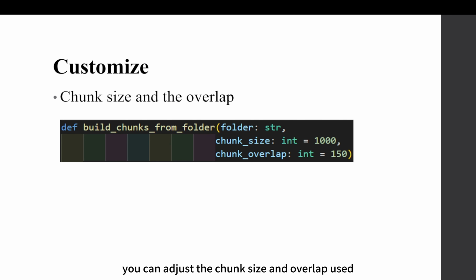You can adjust the chunk size and overlap used when we split documents. Bigger chunks carry more context per hit, but can blur boundaries. Smaller chunks improve retrieval granularity, but increase token count. There isn't a best setting. You can experiment as you go to find the setting that works for you.